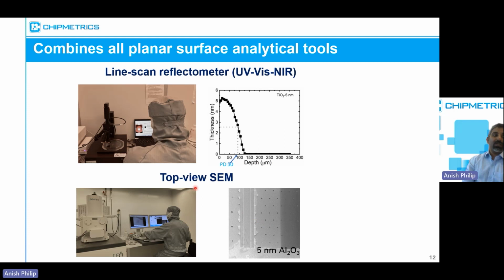You can just use a top view SEM, and from the contrast in the SEM image you can visualize the conformality of your process. For example, in this case, the penetration depth is around 175 micrometers. This was for a 5 nanometer thick aluminum oxide, and you can easily see the conformality of your process.